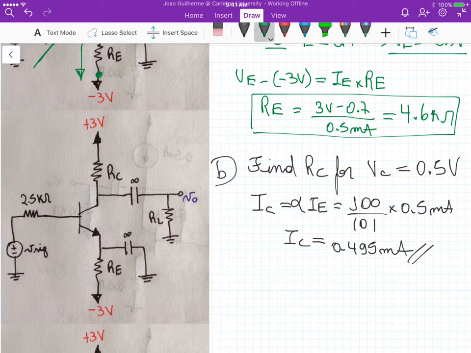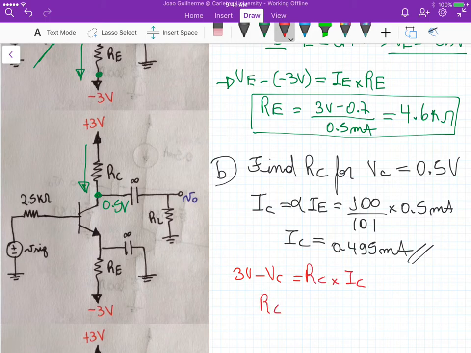Now because we know the collector current flowing here, and we want to have this potential here as 0.5 volts, we can again use the same rule that we applied for VE, but now calculating RC. We know that 3 volts minus VC should be equal to RC times IC.